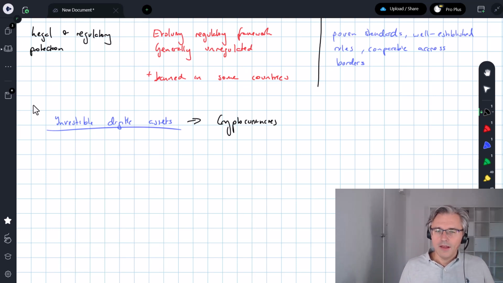First of all, the crypto market is pretty much dominated by two things, namely Bitcoin and another cryptocurrency called Ether. They account, according to the numbers in your book, which are a little bit old, for 80% of the cryptocurrency market, although that changes all the time. Bitcoin is the big one in the cryptocurrency market.